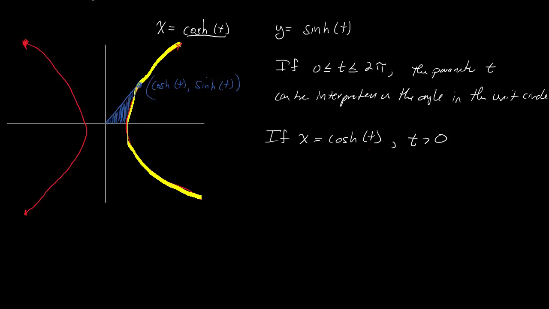So if x equals hyperbolic cosine of t, this is going to be greater than 0, because that's our x parameter. If this is greater than 0, the curve which we've shown right here is going to have a very unique relationship with this part that we shaded in with blue.